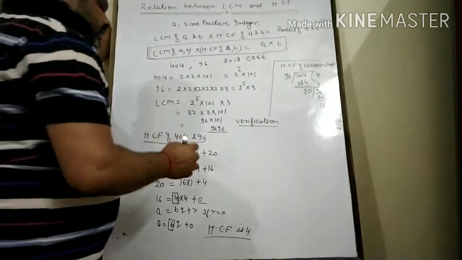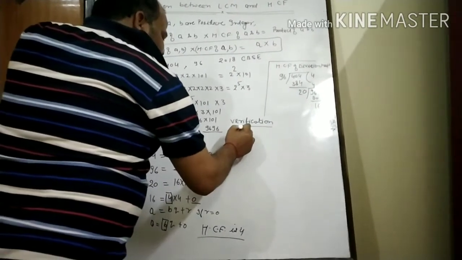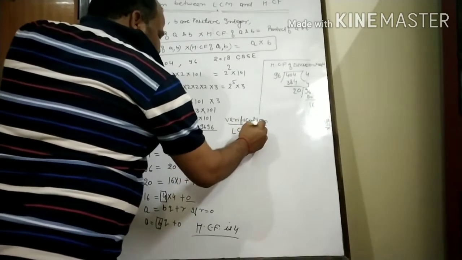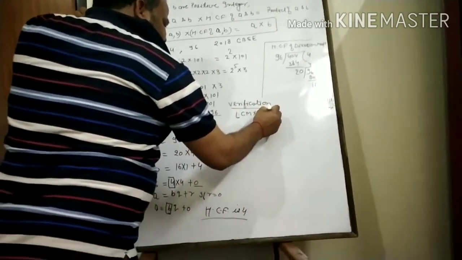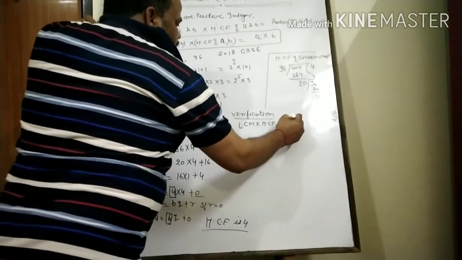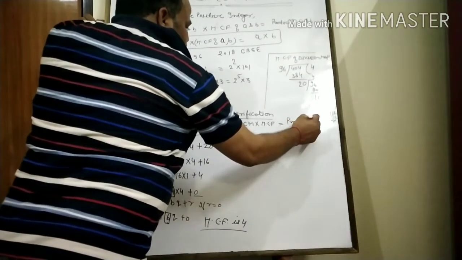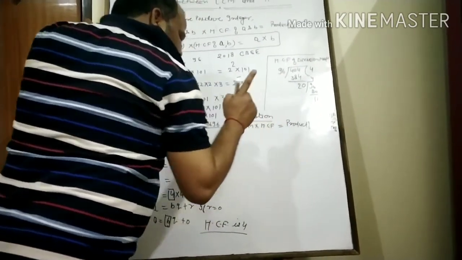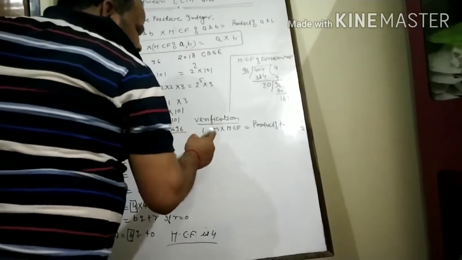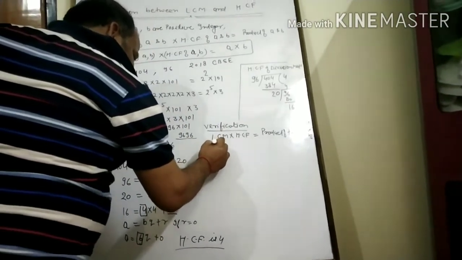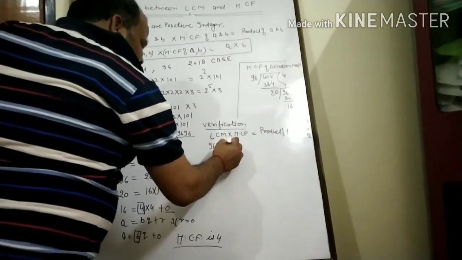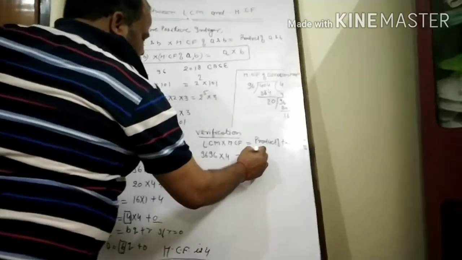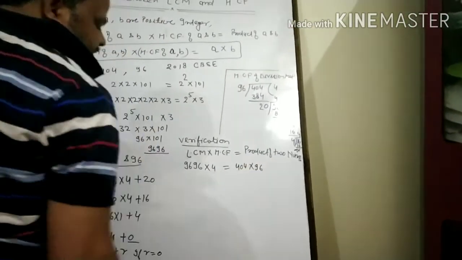Here in the verification you can write LCM into HCF is equal to the product of the two numbers. It must be clear, it is only to verify for two numbers. Then LCM is 9696 into 4, and here 404 into 96.